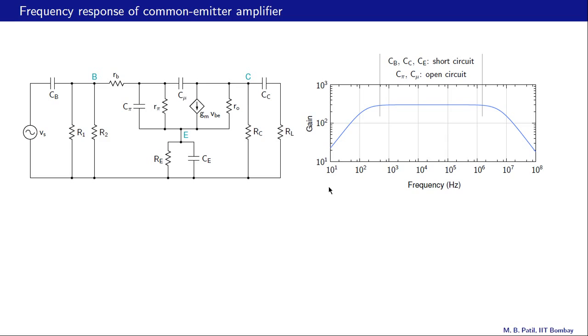Now, as we see in this plot, the gain is not quite constant, but there is a frequency dependence of the gain. It drops when the frequency is low, then it is constant for this particular circuit in some range, and then again when the frequency is high, then the gain drops.